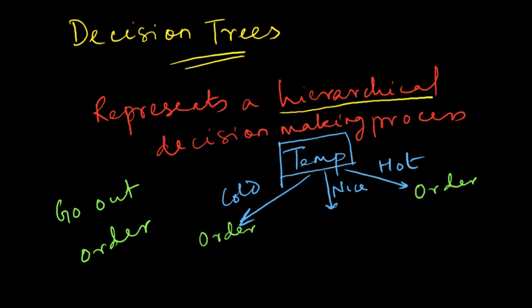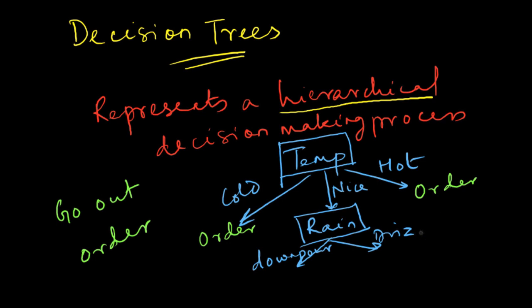What else does it depend on? Then the next thing you will check is whether it is raining or not. And again, there are, let's say, two options. The first option is, let's say, there is a downpour, and the other option is that there is a slight drizzle or it is dry.